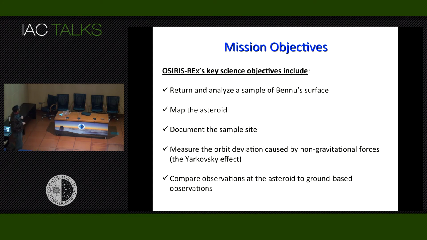So the objectives of OSIRIS-REx are to return and analyze a sample of Bennu's surface, map the asteroid completely, chemically and mineralogically, document the sample site, and also measure the orbit deviation caused by non-gravitational forces. Non-gravitational forces are very important, not only to accelerate or decelerate the rotation of the asteroid, but also to change the orbit.